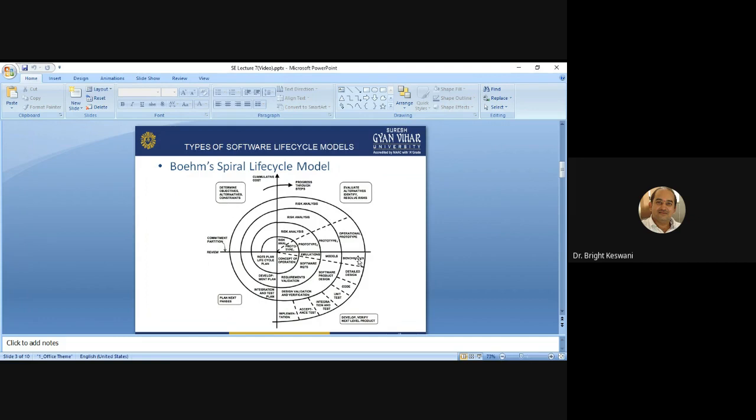And the second cycle proceeds to develop the software requirements and to perform requirements validation. Again, preceded by planning, determination of objectives, alternatives, and constraints, and risk analysis and mitigation. So you can see in this spiral model, this is for eliminating the overall risk from the software development.